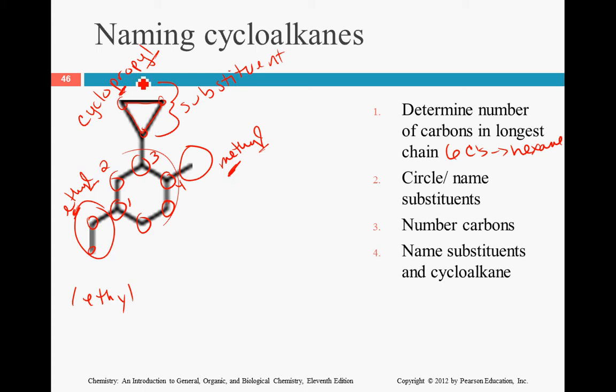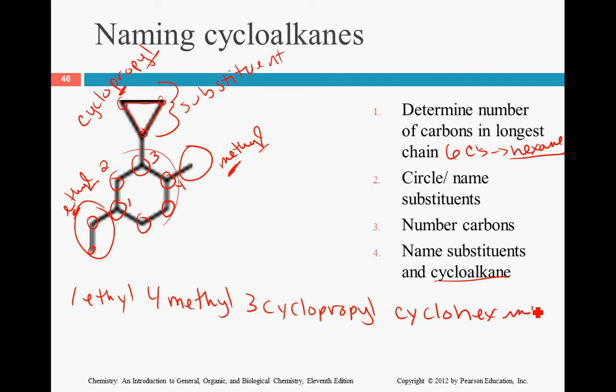M comes before P, so 4 methyl. Then 3 cyclopropyl. And then the actual cycloalkane itself, cyclohexane. That was a tough one. You will not be given one this tough. I just wanted you to be aware of the fact that you can have a cycloalkane as a substituent.